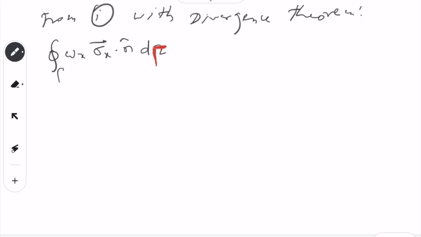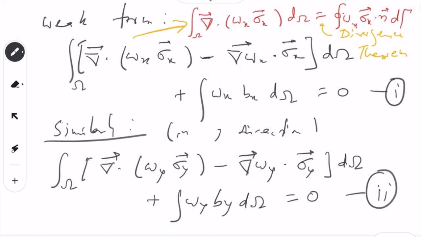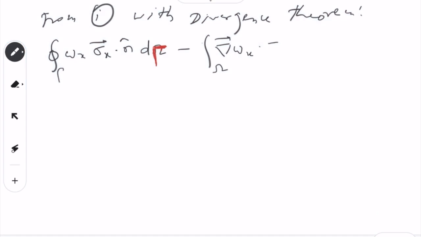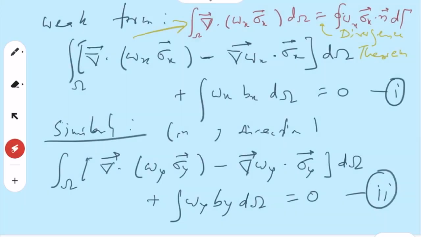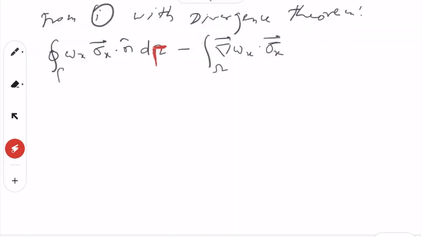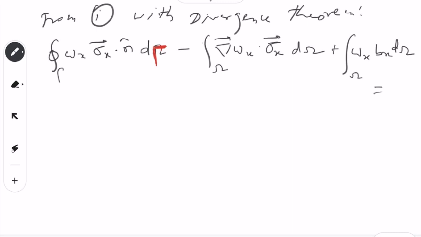And then we have minus the integral of gradient of wx dot sigma x, integrated over the whole domain, plus wx bx d omega, again omega, is equal to 0.